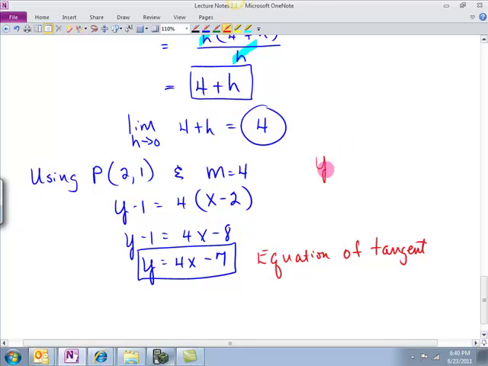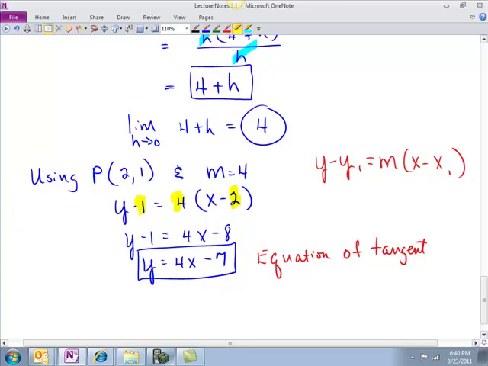And we use y minus y1 equals m times x minus x1. Okay? Plug in the parts that we have, which are here, 1, 4, and 2. And then clean that up, and you get y equals 4x minus 7.